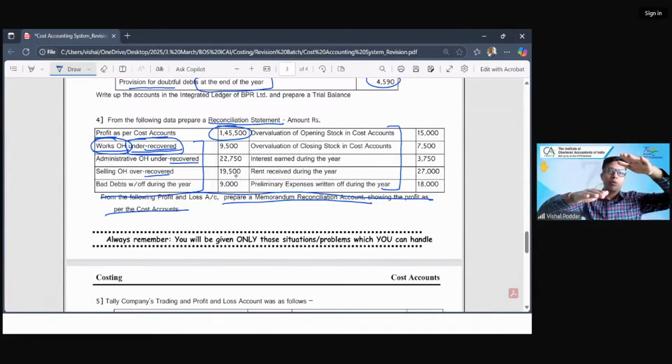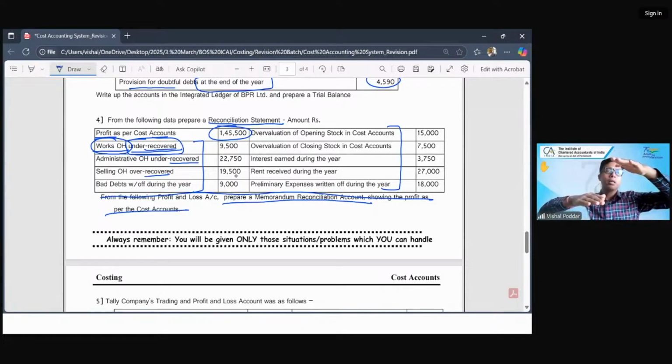So first you should be able to identify what is the impact of this adjustment on my profits. Firstly, they have used the word recovery, so it is impacting cost sheet only. And in the costing, they are saying it is under recovered. It means the expenses are charged less. If expenses are charged less, the impact is my profit is more in cost sheet because expenses are less.